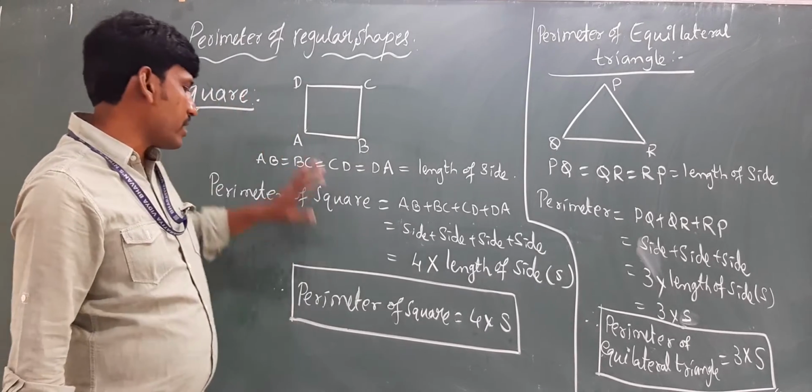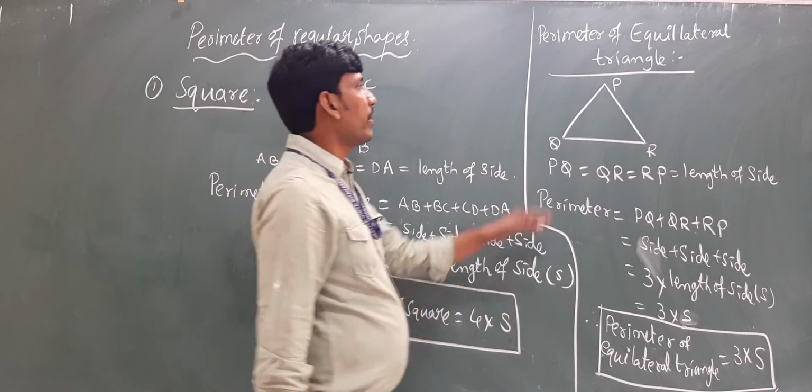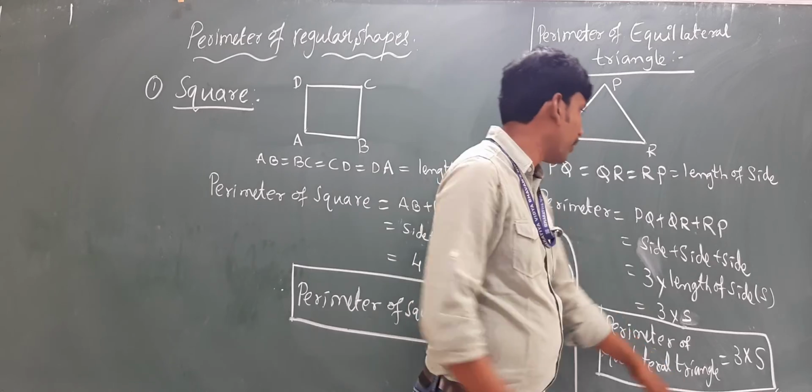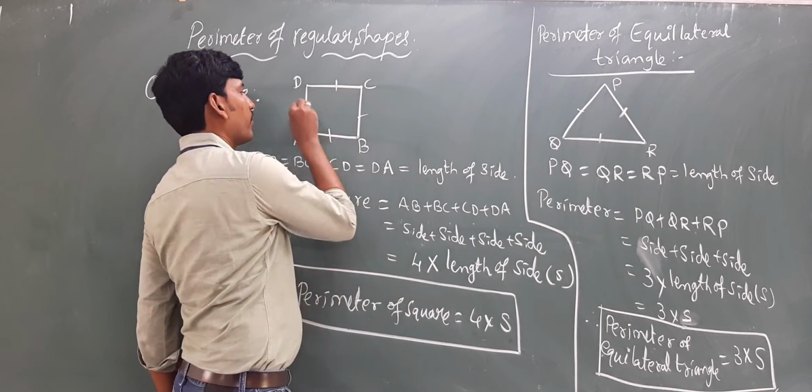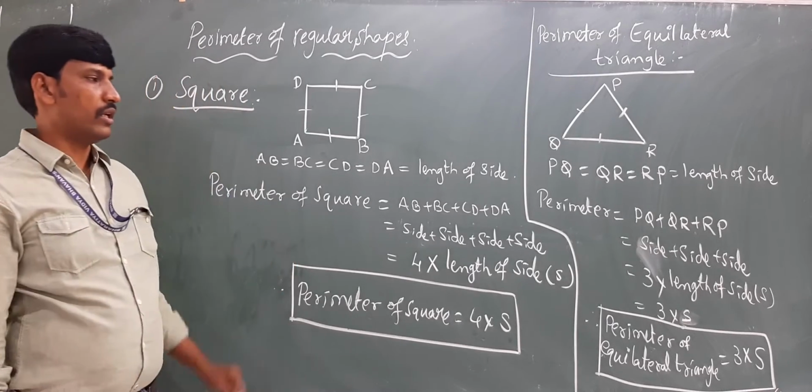So perimeter of a square is equal to 4 into side. Perimeter of equilateral triangle is equal to 3 into side. Here these 3 are equal, here these 4 are equal. Please note down in the classwork.